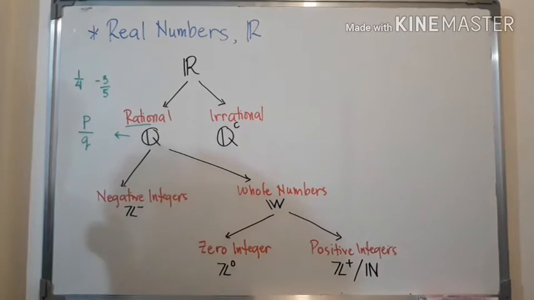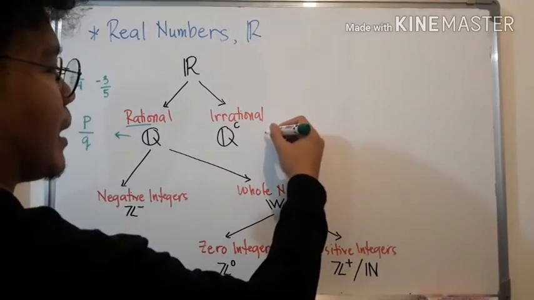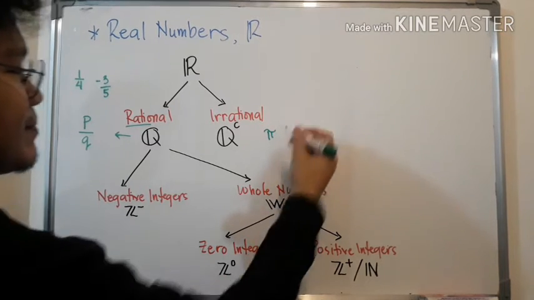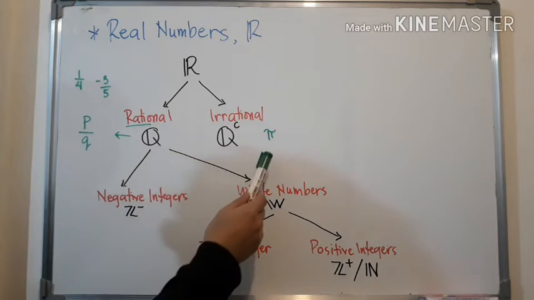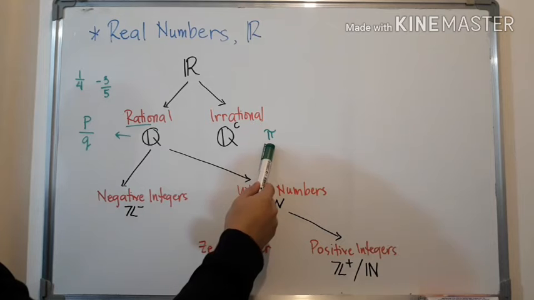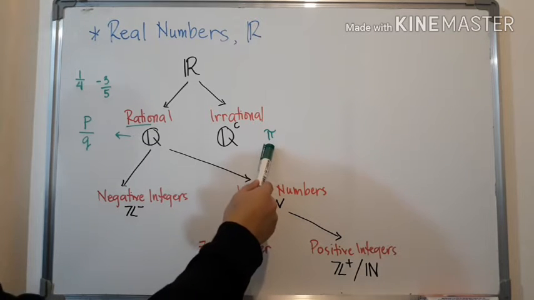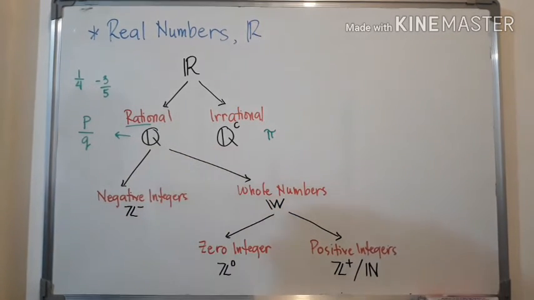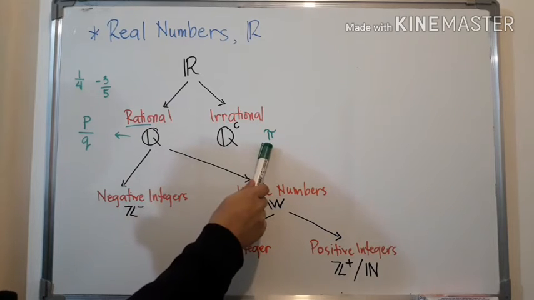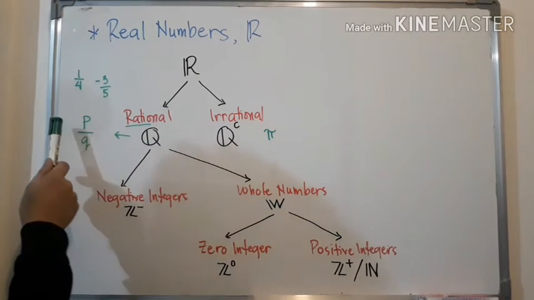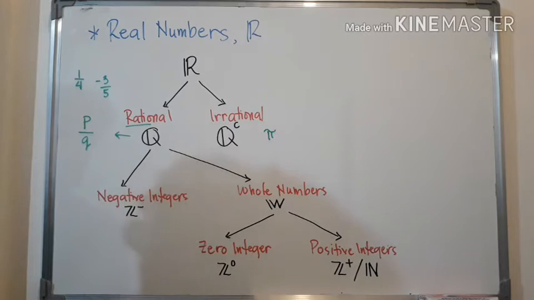Examples of irrational numbers are pi, which we have known to have an estimate value which is 3.14. That 3.14 is just an estimate value of pi. Pi is irrational, therefore we cannot express pi as the ratio of numbers P and Q.